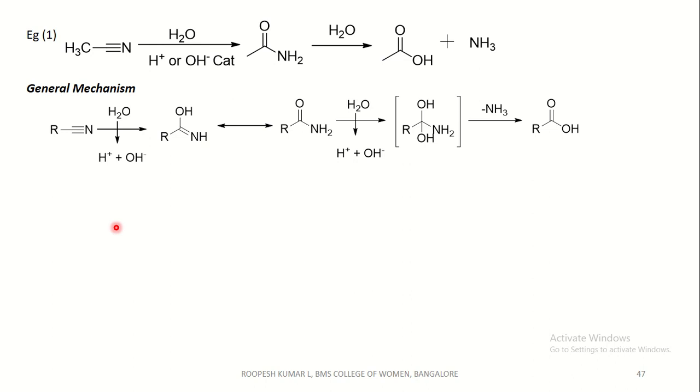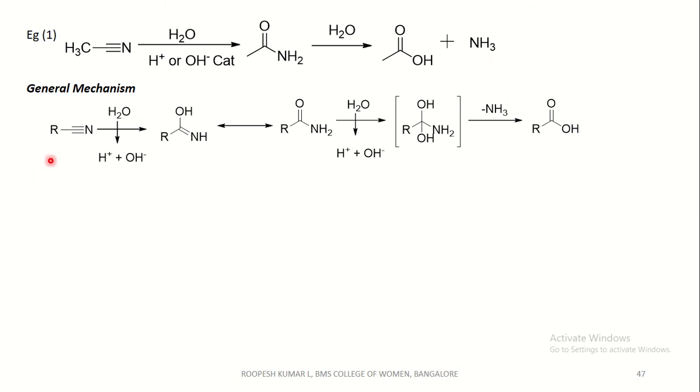Coming to the example, this acetonitrile on reacting with water, catalyzed by either acid or base, gives the corresponding acetamide, which on hydrolyzing with a second equivalent of water gives acetic acid plus ammonia.